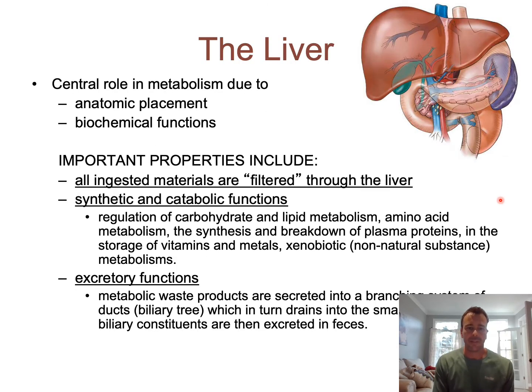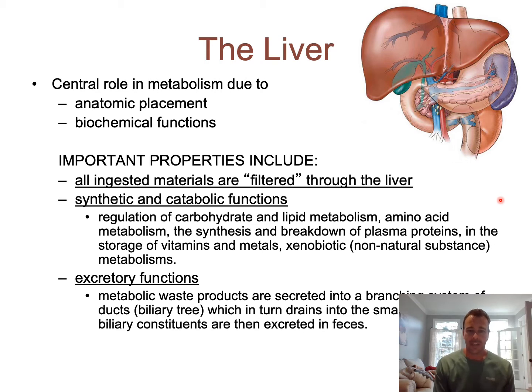First, let's talk about the liver at a high level. The central role of the liver in metabolism is due to where it's placed anatomically in our bodies, as well as its biochemical function. The important properties of the liver include that all materials that we ingest into our body are filtered through the liver.